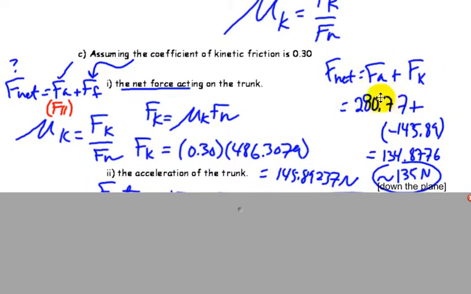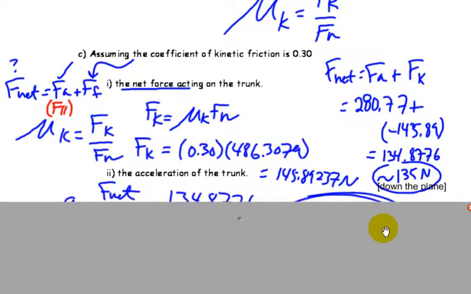So my applied force, took it to a few decimal places, plus my negative. Now remember, even though I don't get a negative here, I insert a negative to get this formula to work. So F net is 134.8776, or rounded off to be 135 newtons down the plane.